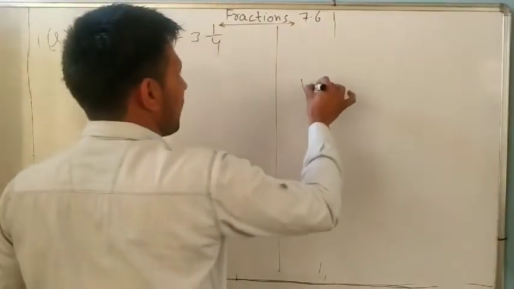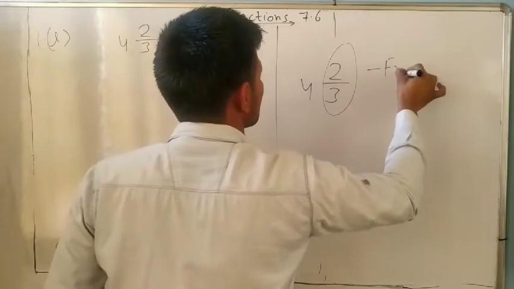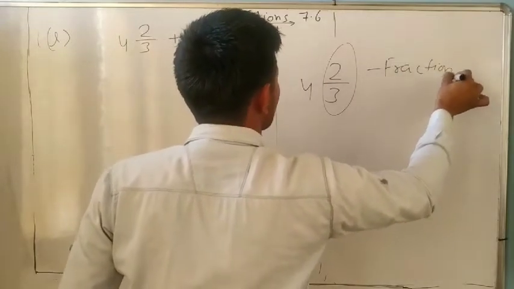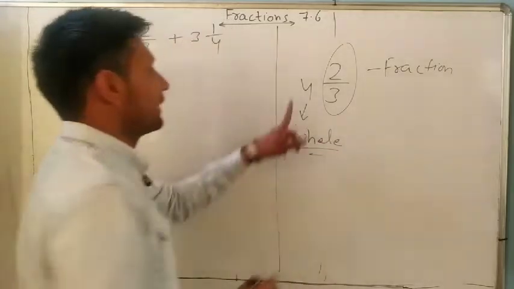Everyone knows 4 and 2 upon 3 means it is a fraction and it is a whole number. Whole means completely, completely is 4.